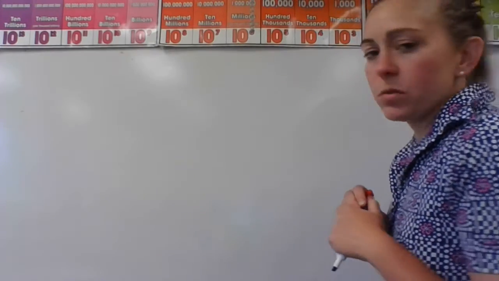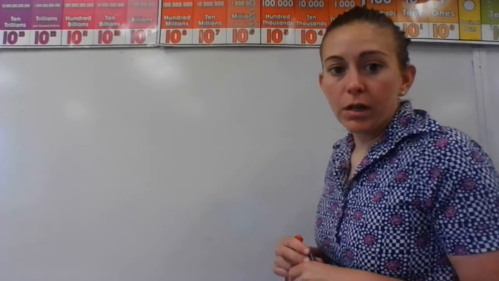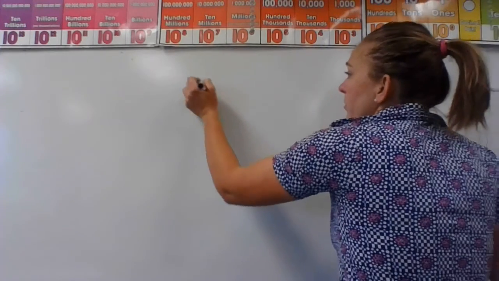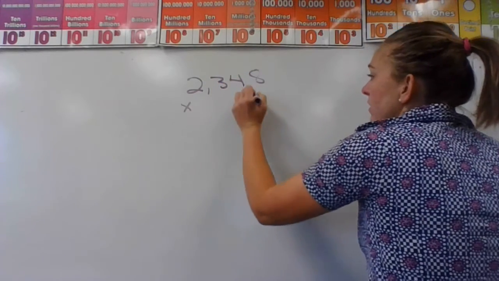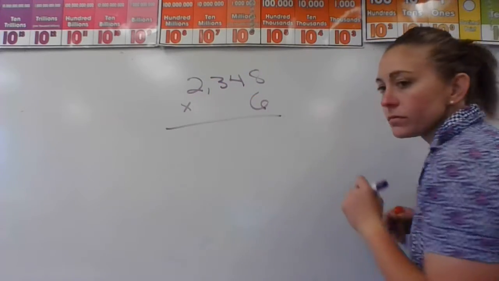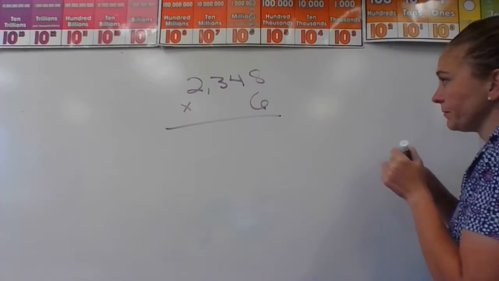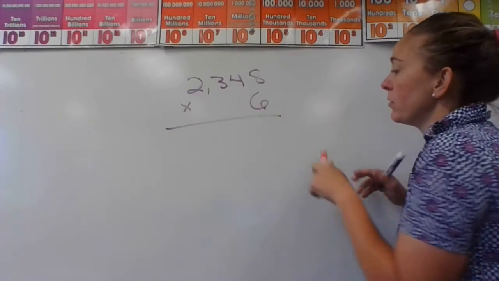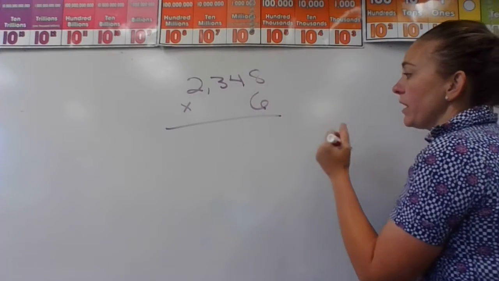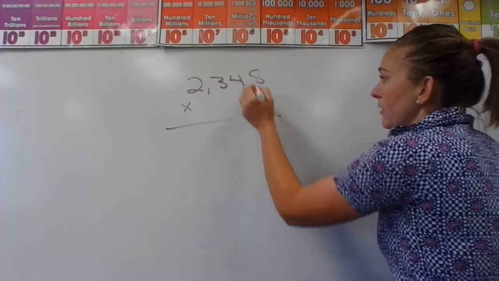Let's do a first one with a 4 digit by a 1 digit. So if we do 2,348 times 6. Everybody see that okay? All right. So remember, start with the far digit on the left and then work your way over. 8 times 6 is 48. Drop the 8, carry the 4.